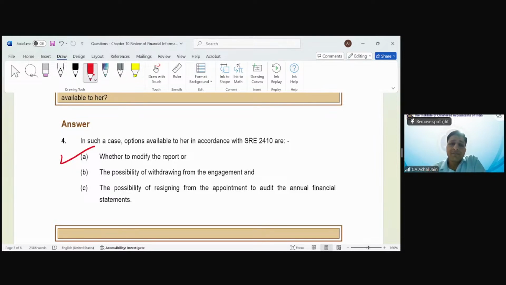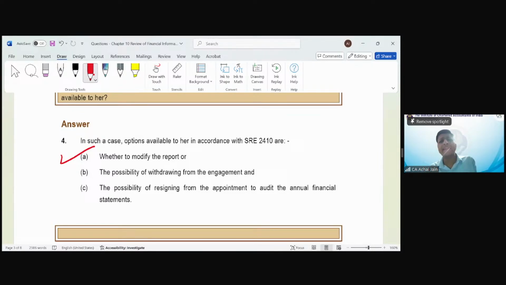The other option which she needs to evaluate is not possible always. Now there again you need to have clarity. To withdraw from the engagement is not possible always, particularly when it comes to listed companies. The given example is not for a listed company, so you should not worry.